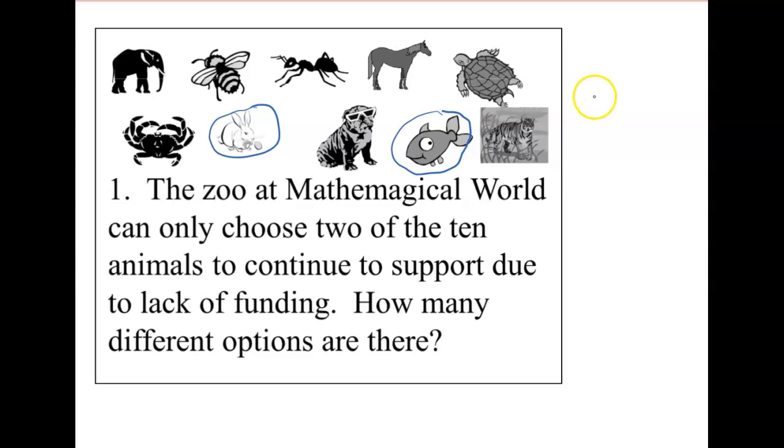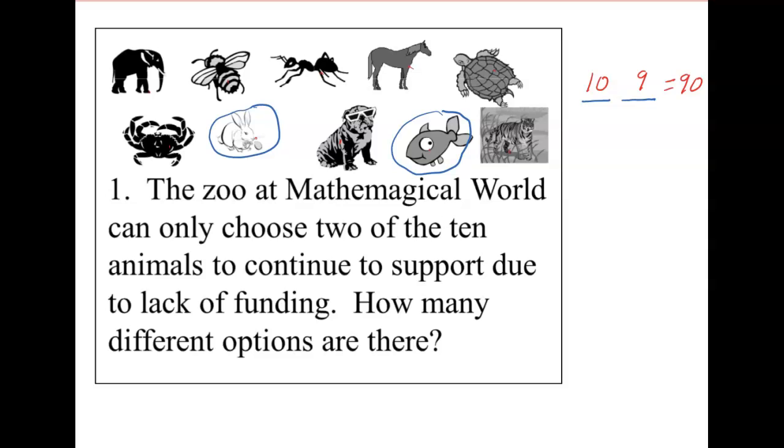If we were to use the dash method, we might draw 2 dashes, and if we were to count, there's 1, 2, 3, 4, 5, 6, 7, 8, 9, 10 animals. So we might say 10 times 9, or 90. But these 90 arrangements include rabbit, fish, and fish, rabbit.